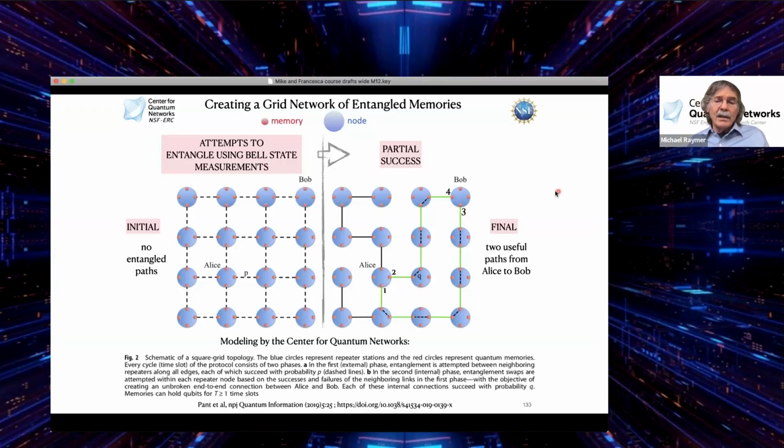So they actually have succeeded just by good luck in having 2 entanglement paths. And they can do something with that. Now, if you run this trial again, you'll have a totally different topology of entanglements. So if you're trying to entangle Alice here with the upper left corner node, you may have to try a different number of trials to get that to work.